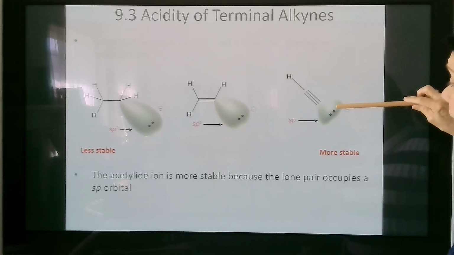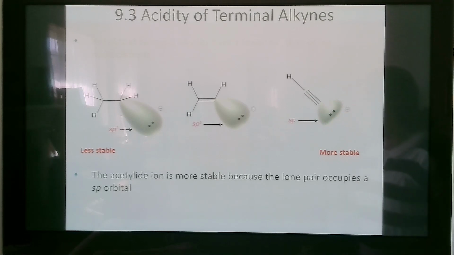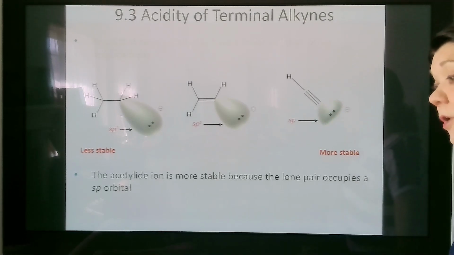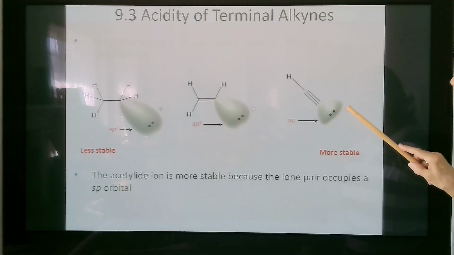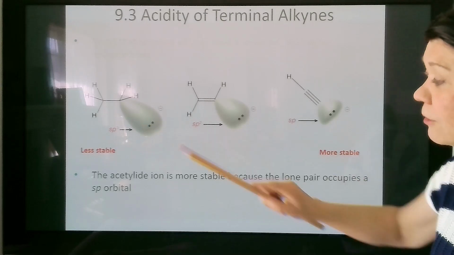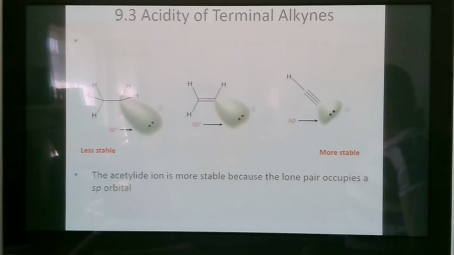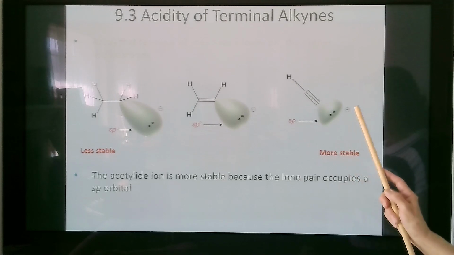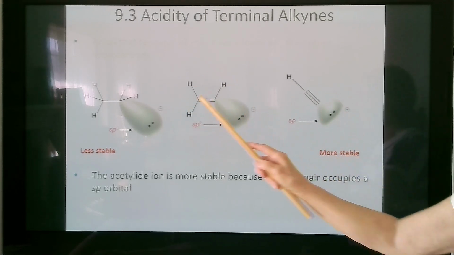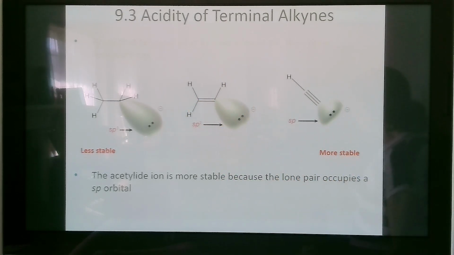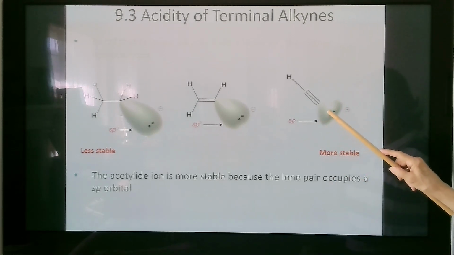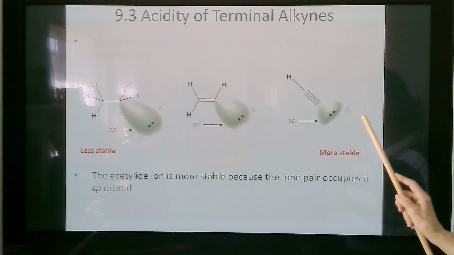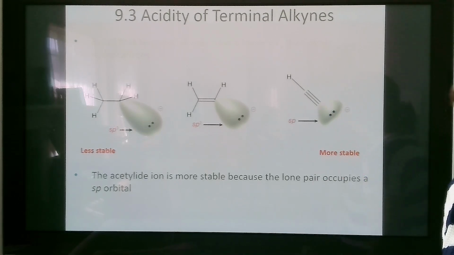And so the pair of electrons would be held a lot closer into the nucleus, and it's going to be more stable. And so that's why this anion is much more stable than the others. That is the reason for it being a stable anion. And if you remember this, you will remember the trend. It will be easy to remember. It's all related to the stability of the orbital that the lone pair resides in. This is more S character, lying closer into the nucleus, and therefore more stable.